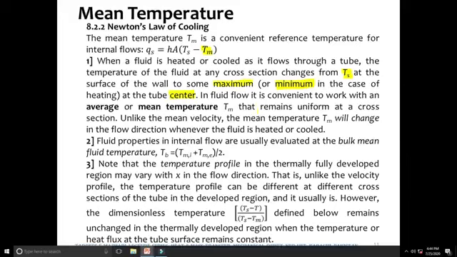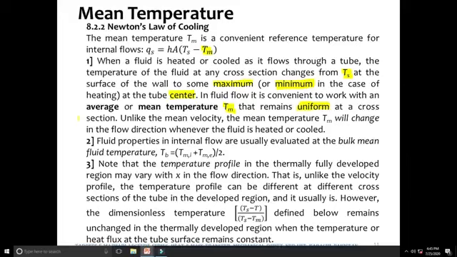Now in fluid flow, it is convenient to work with an average or mean temperature Tm that would remain uniform. Right? It is very important that it would remain uniform at a cross section. So it may vary from place to place, because let's say if Ts is less than T infinity, as the flow is taking place, the fluid will start getting heated up.